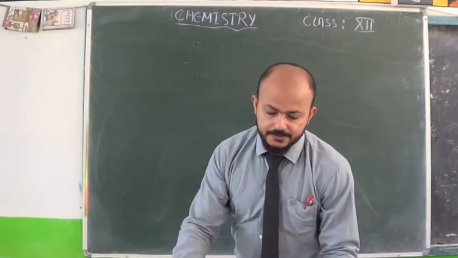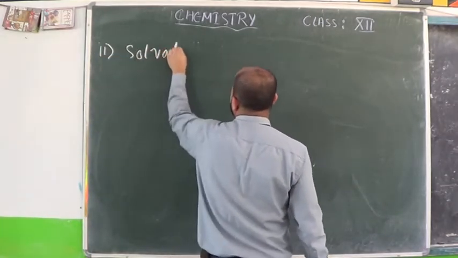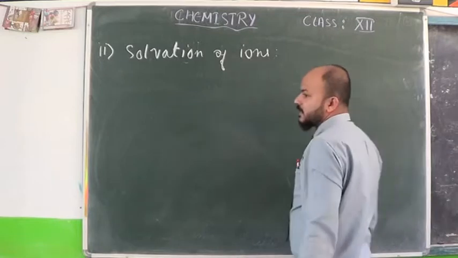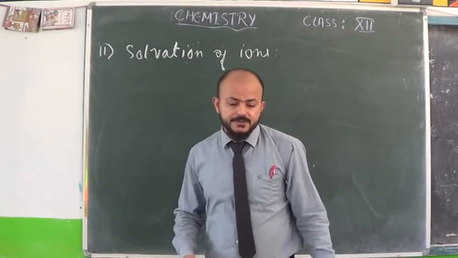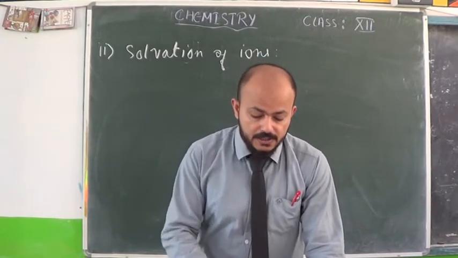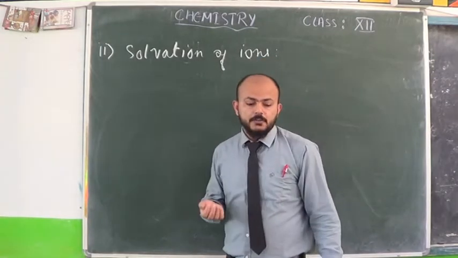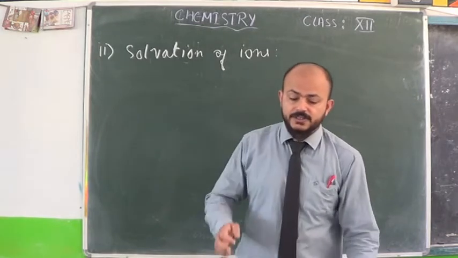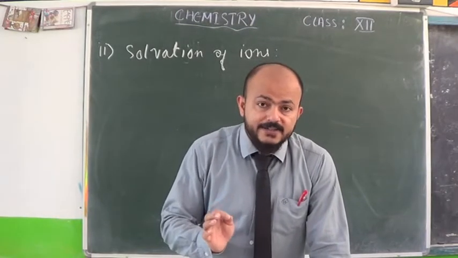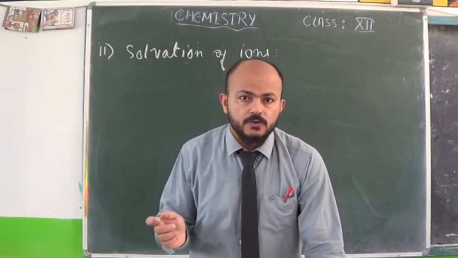Solvation of the ion. Number 2 factor is solvation of ion. Now, whenever amines are dissolved in water, what happens? The nitrogen atom of the amine forms hydrogen bonding with the hydrogens of the water molecule. So let me tell you once again, when an amine is dissolved in water, then the nitrogen atom of the amine forms hydrogen bonding with the hydrogen atoms of water.